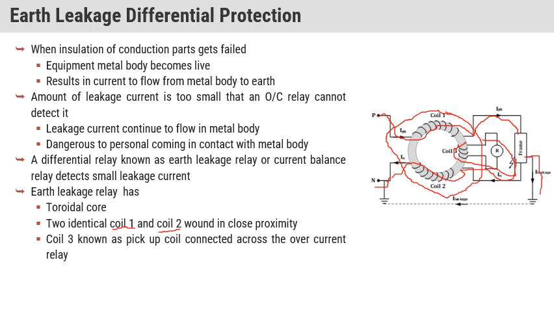Whenever any type of fault occurs, current will start to flow. The current does not have a closed path until leakage current flows through the frame or through any other source. So coil 3 will carry current only when there is any leakage current.